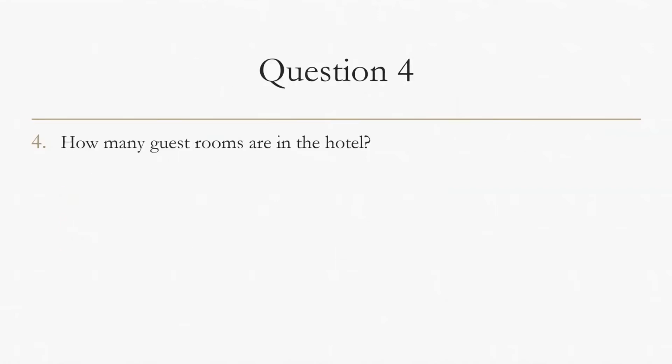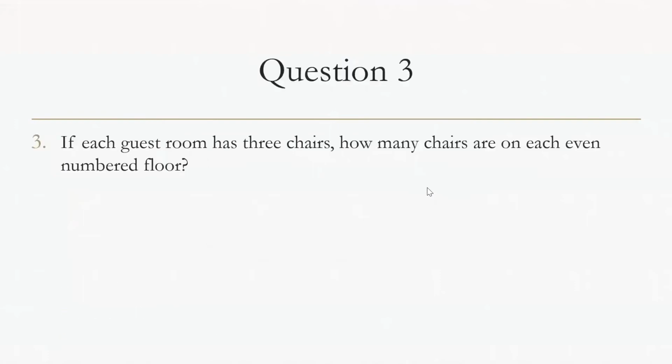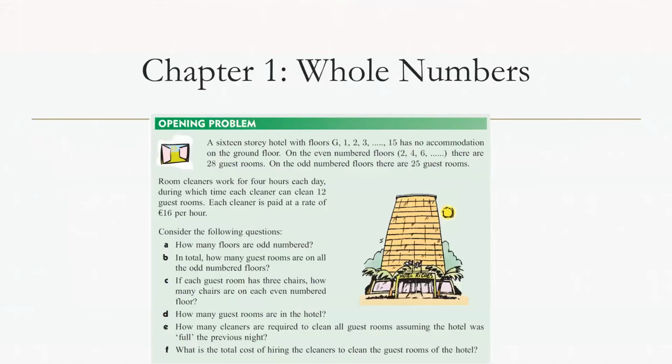How many guest rooms are in the hotel? And again, when you have one question and there's A, B, C, D, E, F, or even just A, B, C, you'll often use information from previous questions to answer the next question.